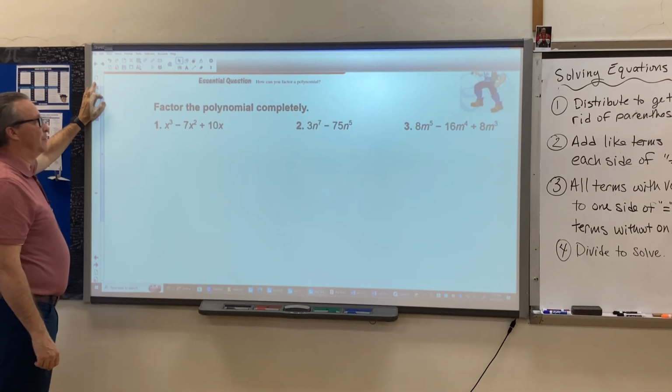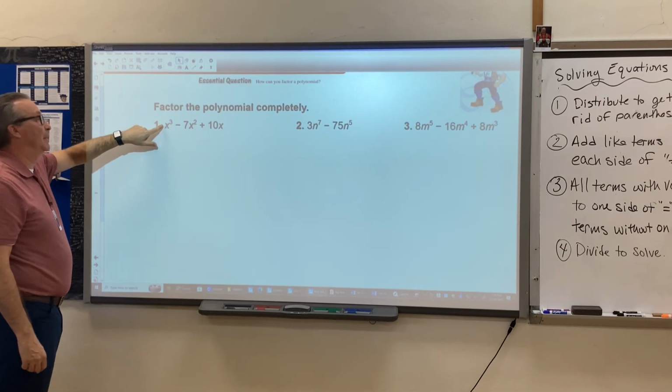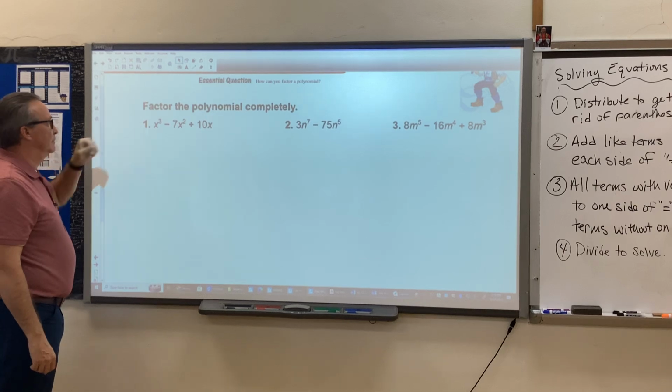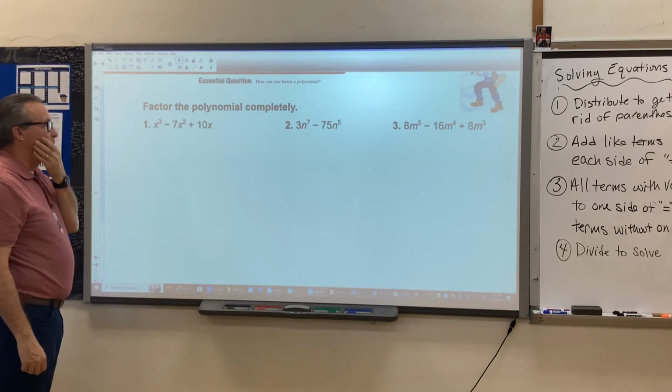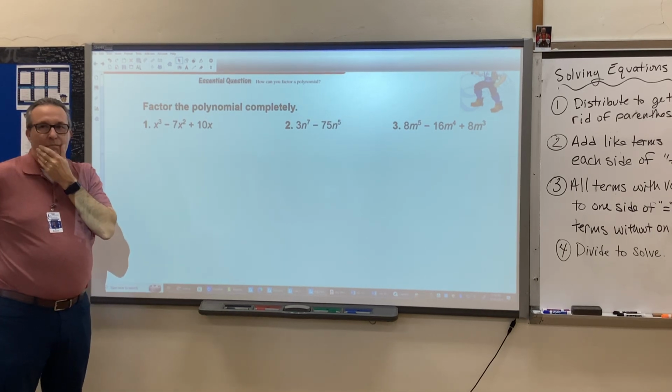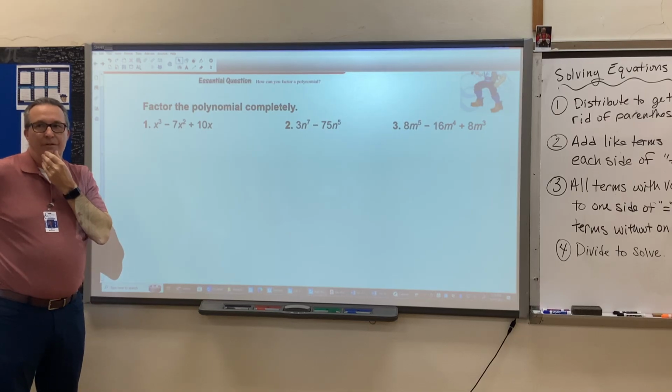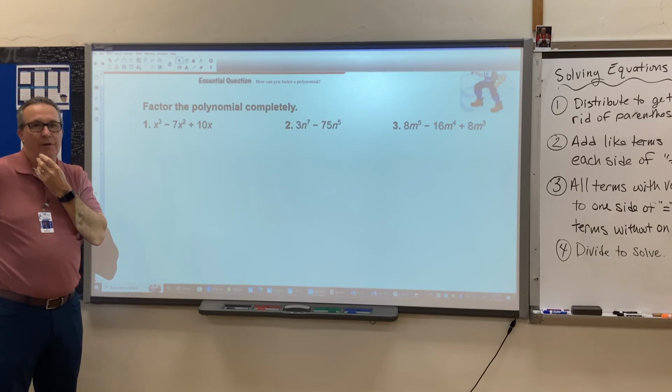All right, let's do these three. Factor these three completely. You guys remember factoring? Is this going okay? Angela, you should dominate the factoring section.